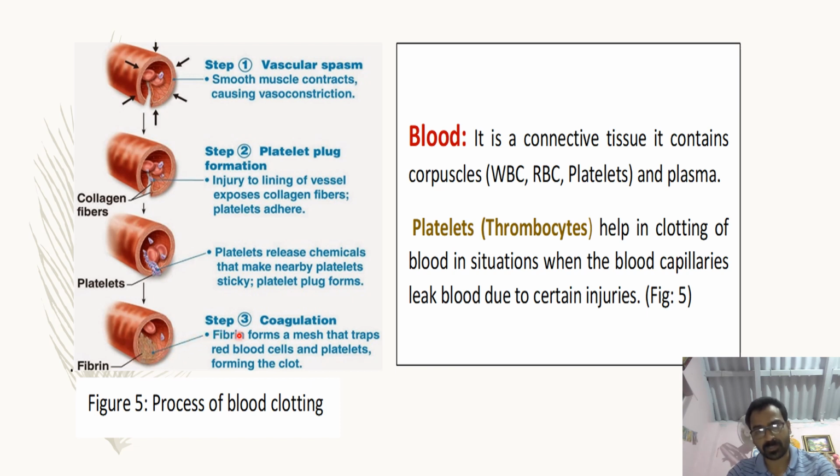You might have experienced that whenever there is an injury, after some time some water-like substance comes out. It is actually the serum. It can pass through the fibrin mesh, but the rest of the components of the blood remain inside the blood vessel. You can see here, this is the diagram. Here a breakage has taken place.